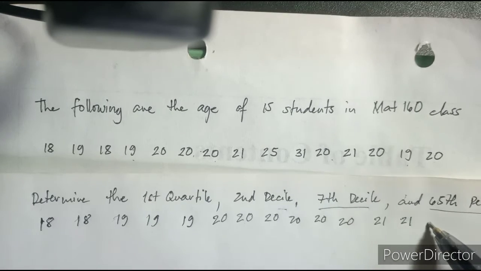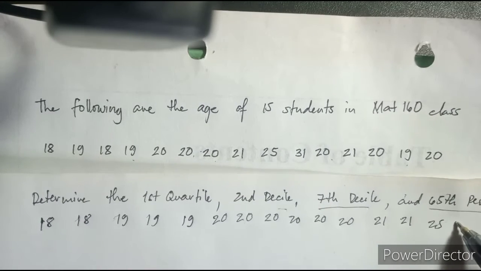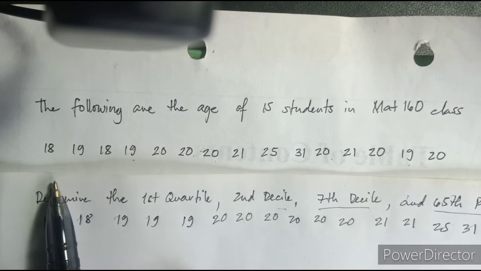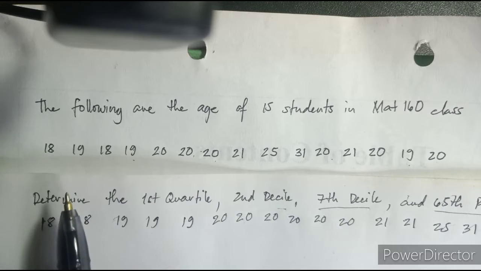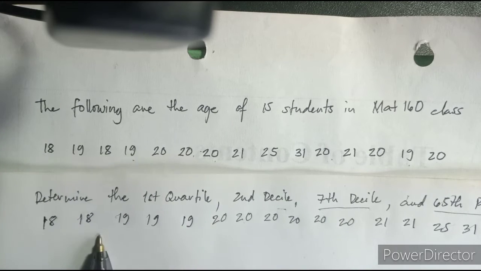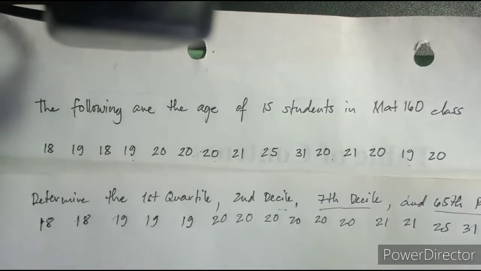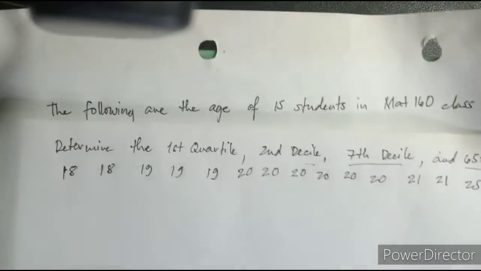We have 25 and 31. Okay, so let us check if we completely wrote the data set in ascending order. Let us count: 1, 2, 3, 4, 5, 6, 7, 8, 9, 10, 11, 12, 13, 14, 15. So a total of 15 observations.